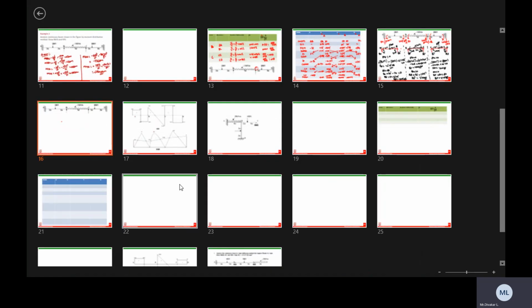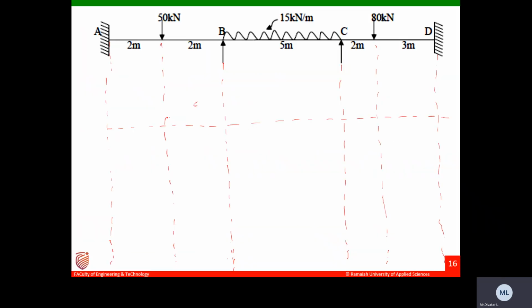So here, now we got the reactions. RA value I know, it is 25.05.